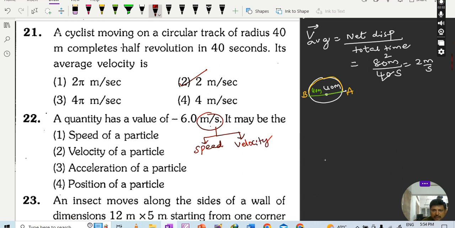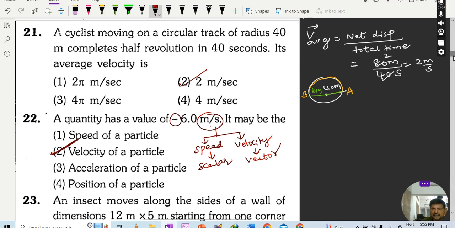Already you know very well, speed is a scalar quantity and velocity is a vector quantity. So observe here, minus is there. This minus represents direction. That means minus 6 meter per second is a vector quantity. It is the velocity of a particle. So for the 22nd question, option 2 is the right answer.